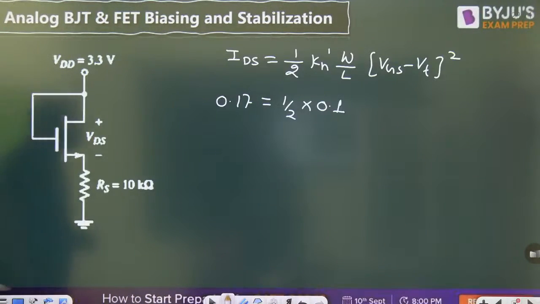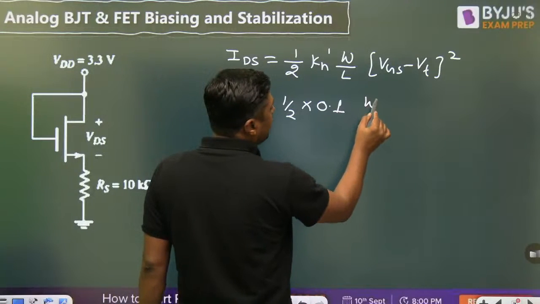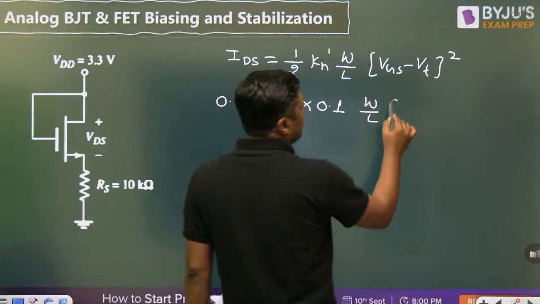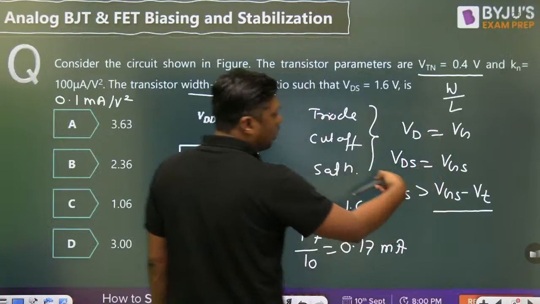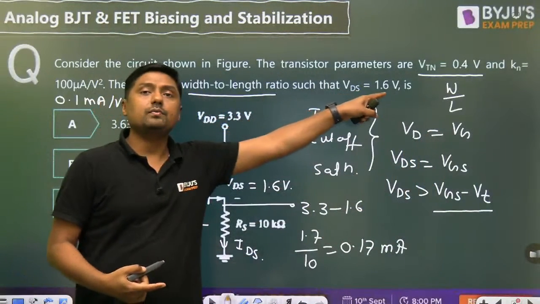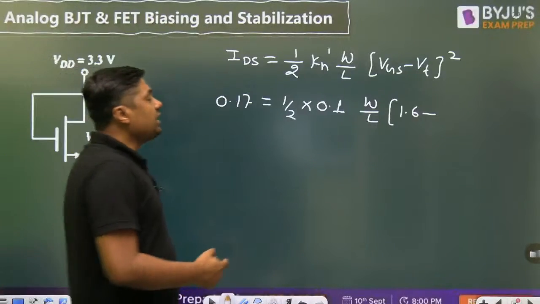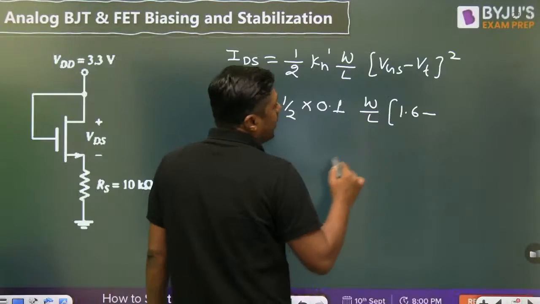Now, we have to calculate W by L. VGS is 1.6 volt, which is equal to VDS, given in the question. VTN is given as 0.4 volt.